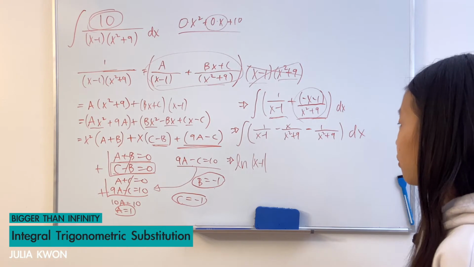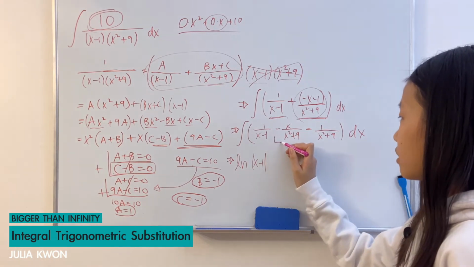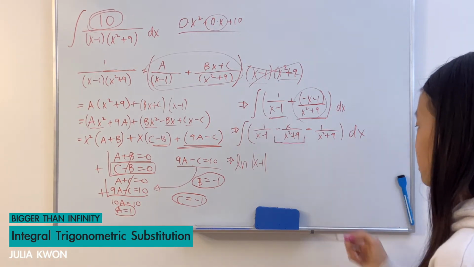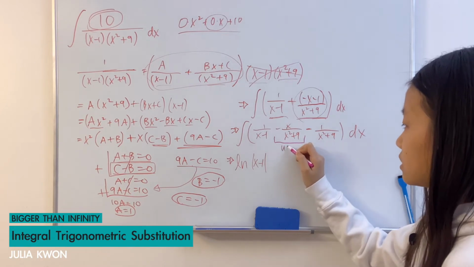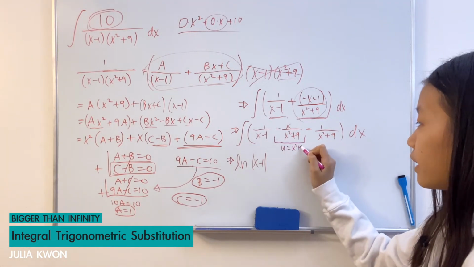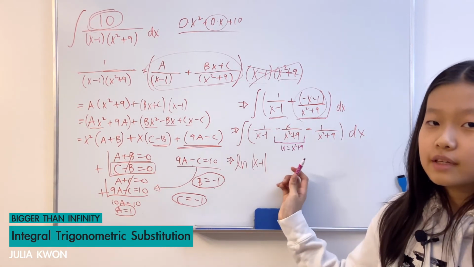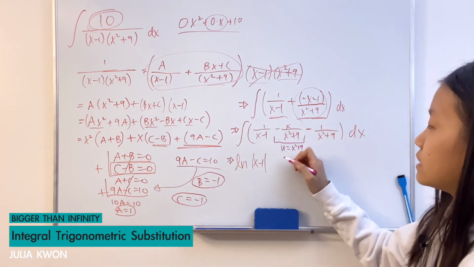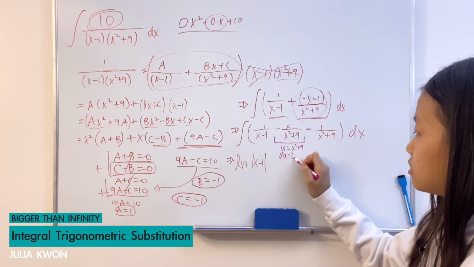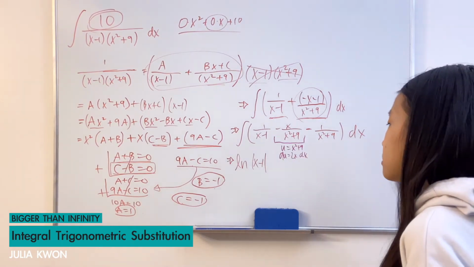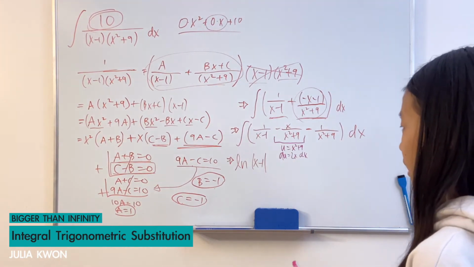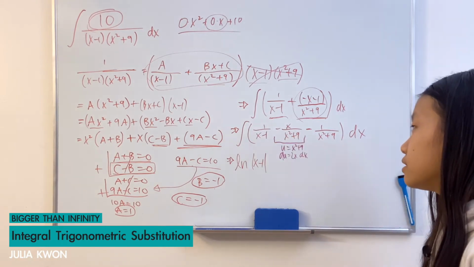And for the integral of this part, we'll set u equal to x squared plus 9, and using the u, we can solve for the du, which is 2x dx. Actually, I'll separate the integrands.